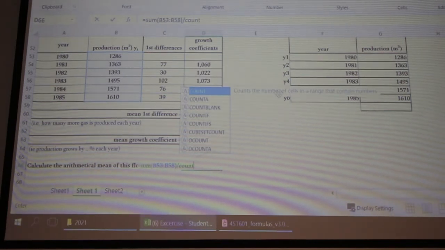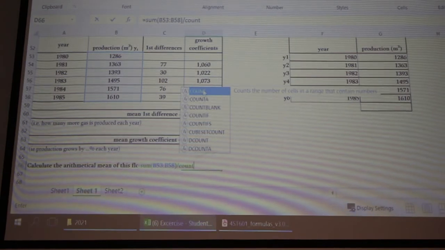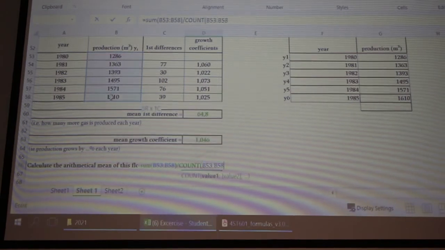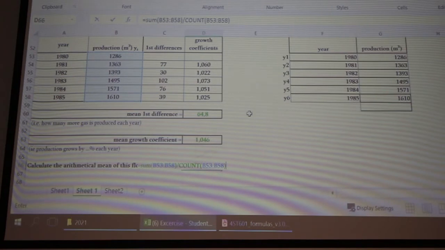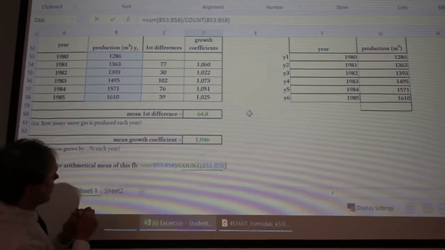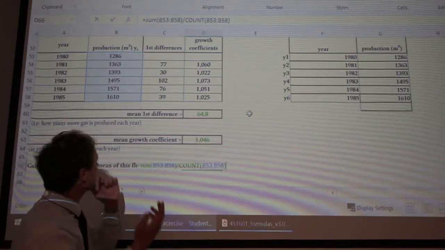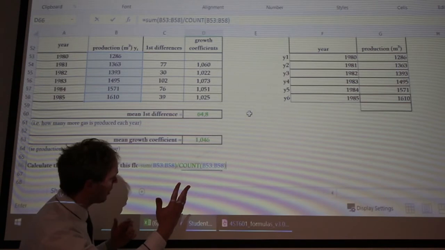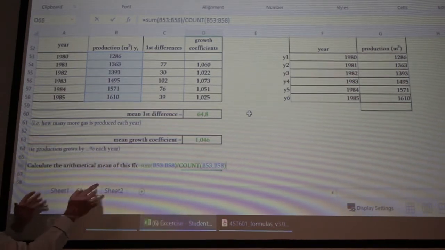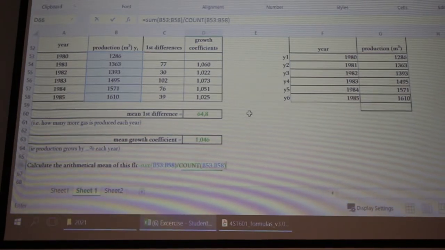Count counts the number of cells in a range that contain numbers. So I will use this function count to count the number of values, and you will see the average annual production, the arithmetic mean of this flow time series.